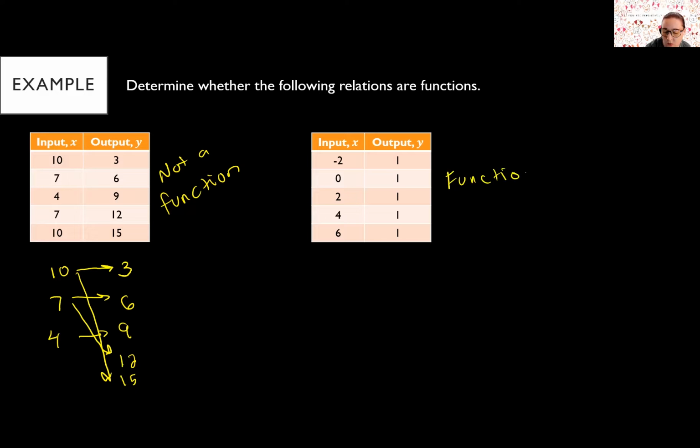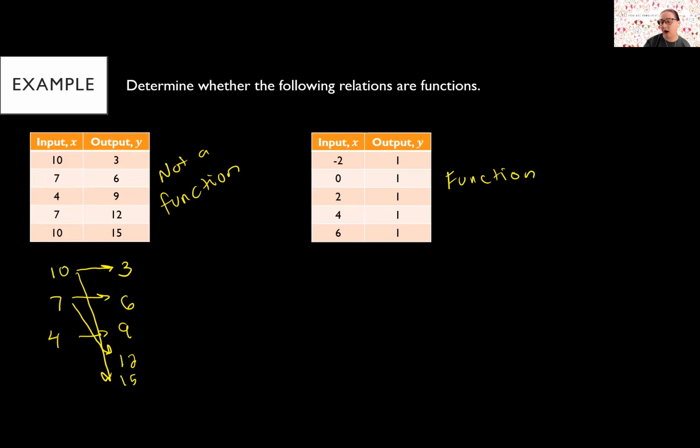And the one thing you want to be careful about, in addition to the repeated output, is that you don't see x repeated more than once. As long as you're looking on the left and you don't have a repeated x when it's in table form, it's automatically going to be a function. So we don't really care what the output is.